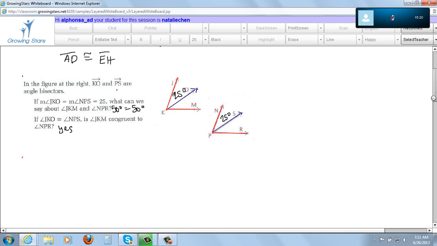This is called the corresponding angle postulate.